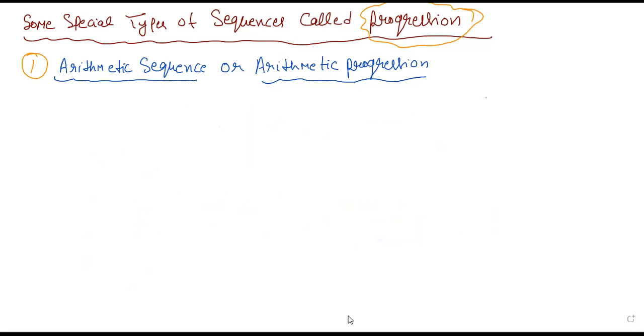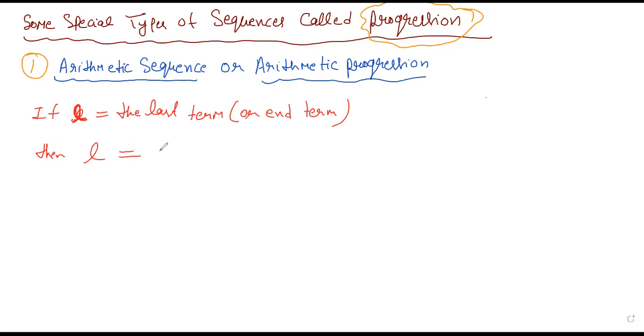Okay, अब देखिए अगर हमें लास्ट टर्म गिवन हो, इफ l क्या है? द लास्ट टर्म, मतलब एंड टर्म, और वी कैन से एंड टर्म of arithmetic progression. So how to find the formula for that? So student, remember always l, the nth term, is equivalent to the general term a(n), and that is a plus (n minus 1)d.